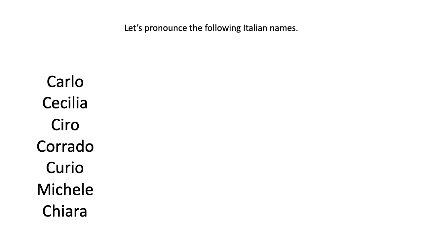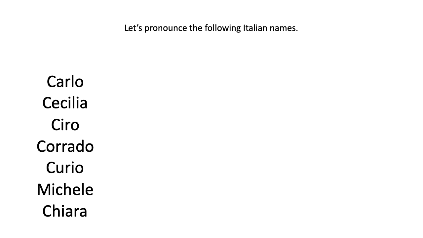Curio. Prossimo nome, next name. Notice that it has a CHE, right? This is very important. You would not pronounce this Miche-le, right? CHE sounds ke in Italian. Michele, Michele, not Michele, okay?